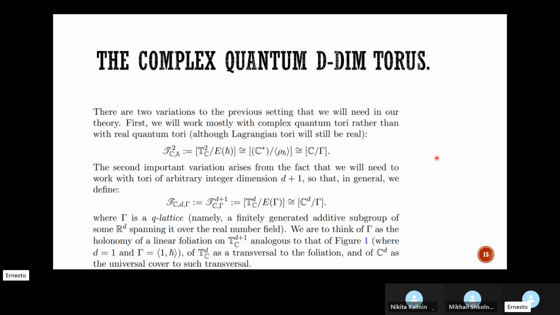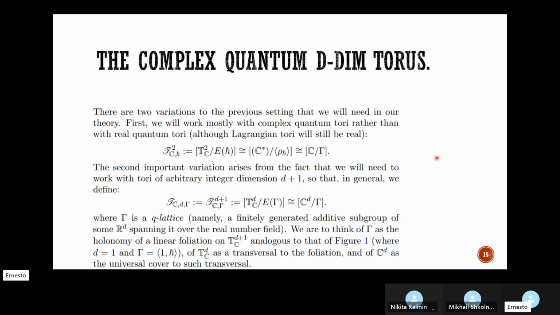I don't even know what the appropriate name is for these quantum toric spaces. I guess quantum toric stacks is not too bad. Yeah, they generalize toric varieties, as we will see.